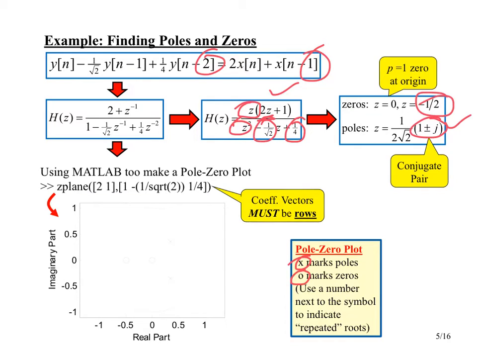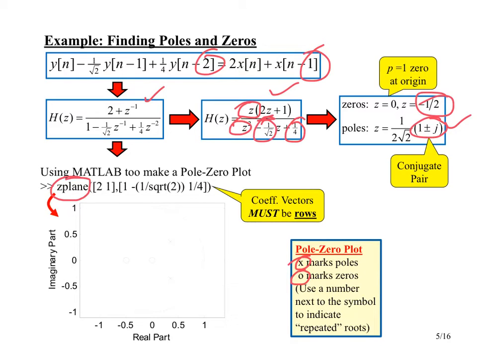You can also use the command zplane in MATLAB. You put in the coefficients of the polynomials, and here you can go directly from the z inverse form.